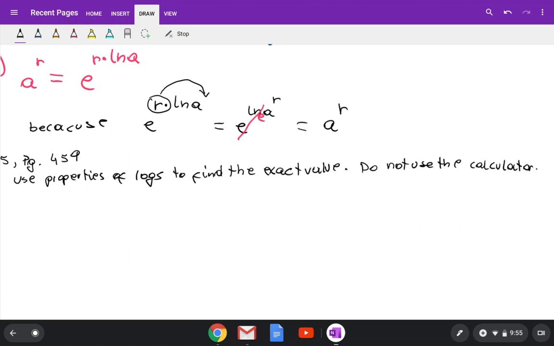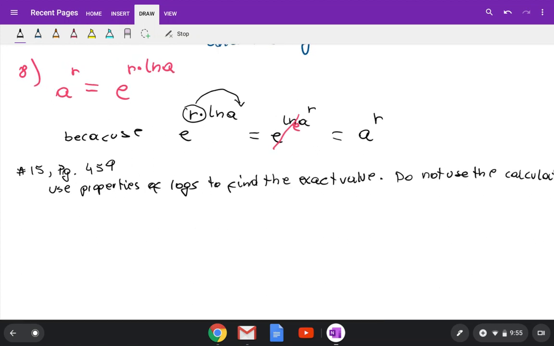So the idea is to get familiar with the properties which I just went over. What you're going to see is ln of e to the power of -4.